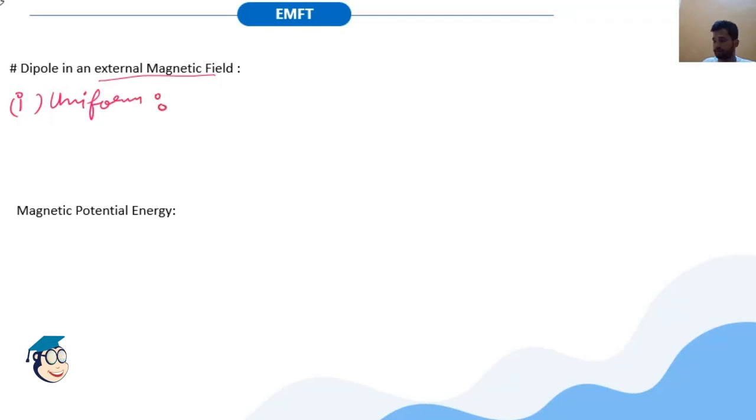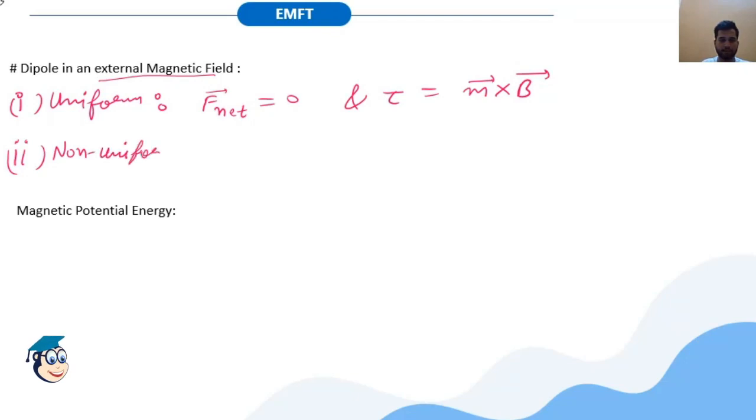For a uniform field, we can directly write that the net force on the magnetic dipole moment would be 0, and the torque is given by m cross B. m is the magnetic dipole moment and B is the external magnetic field. And let's say we have a non-uniform external magnetic field.